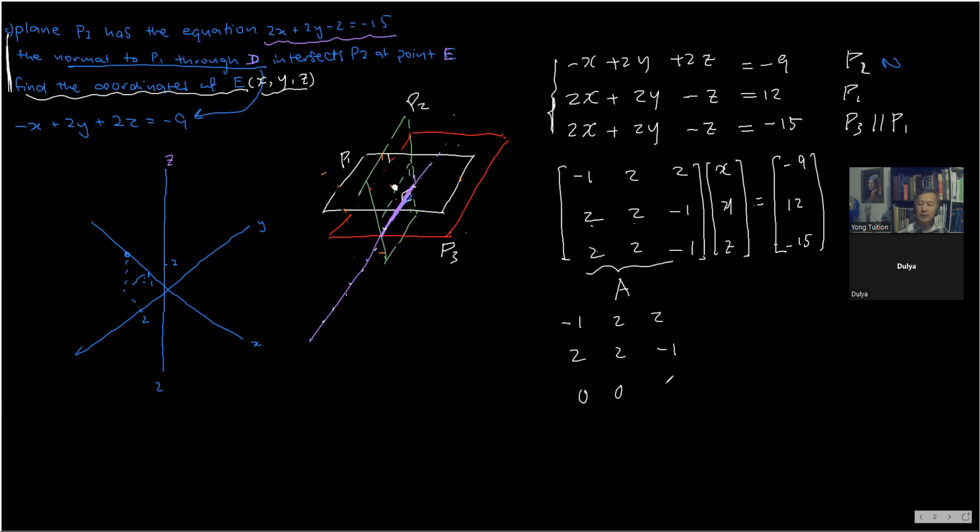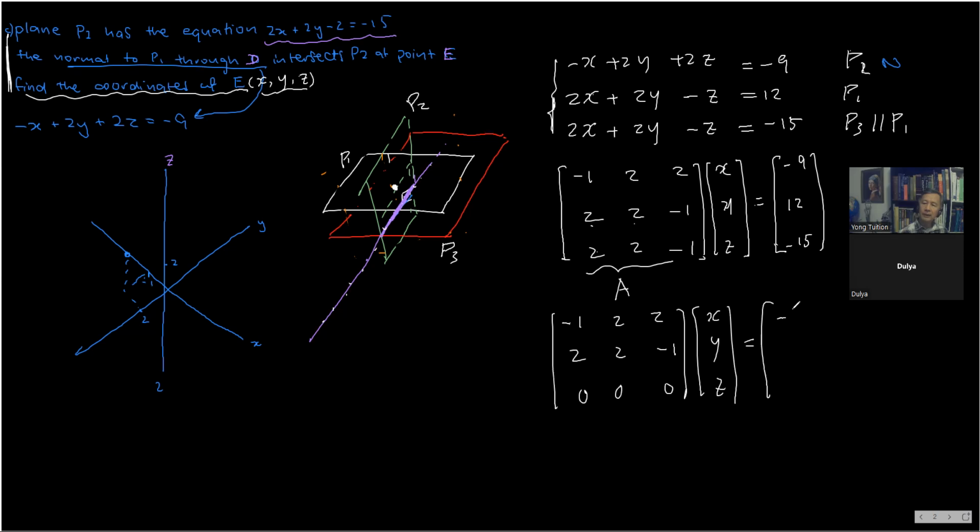And this is 0. We can just use this equation to solve this one. X, Y, Z, right? And this is 2 by 2 because Z can be any number. Can you follow me? Yeah.